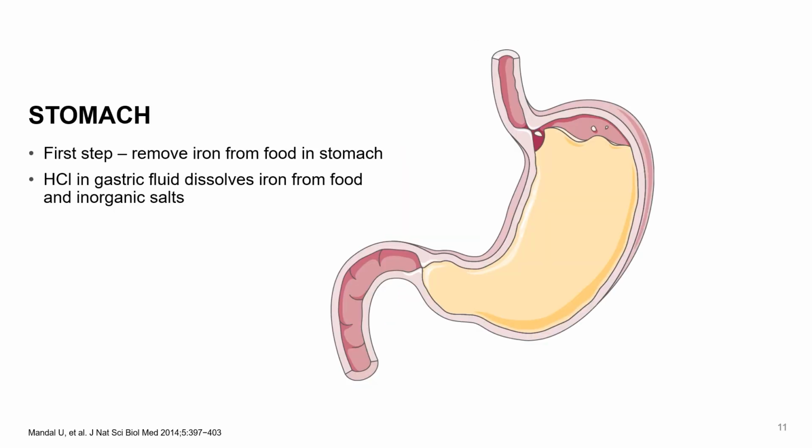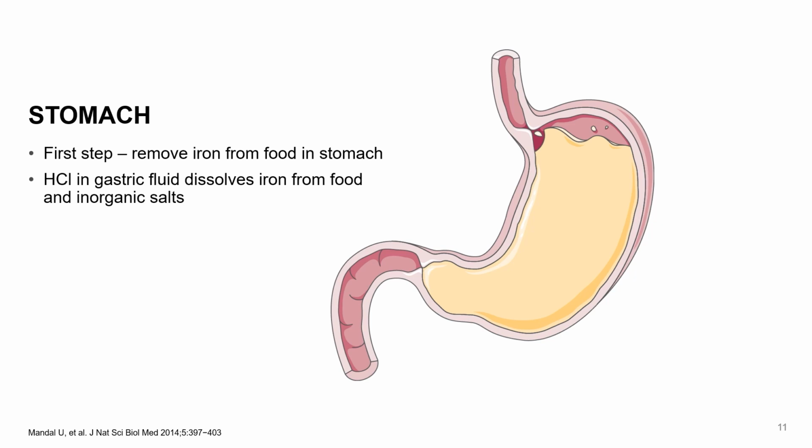Now, the first step of iron metabolism regarding that which you take in is removing the iron from the food in the stomach, and this is done by hydrochloric acid in the gastric fluid.